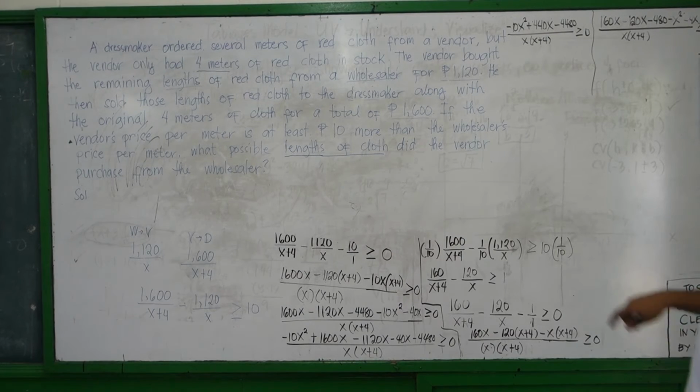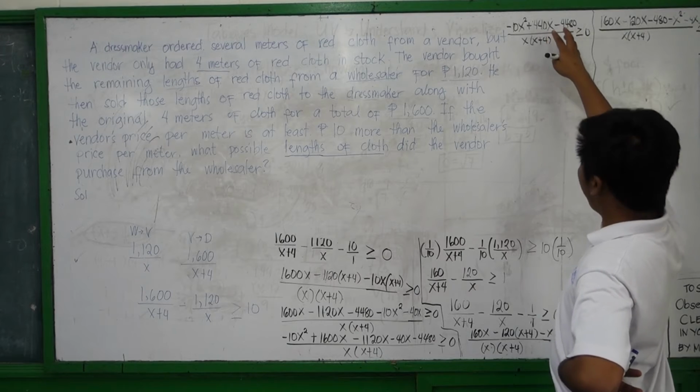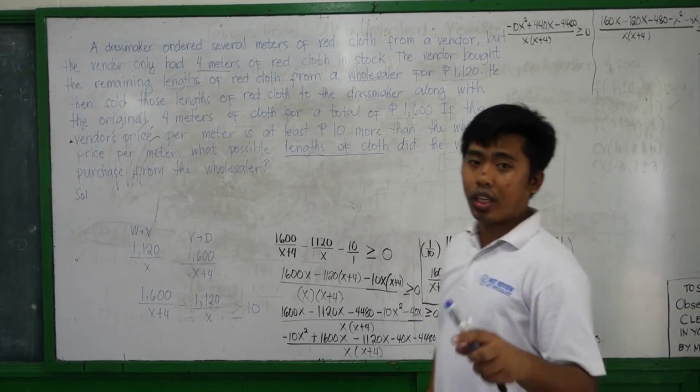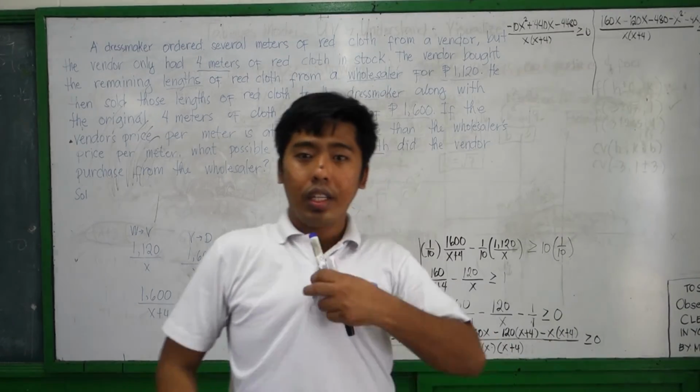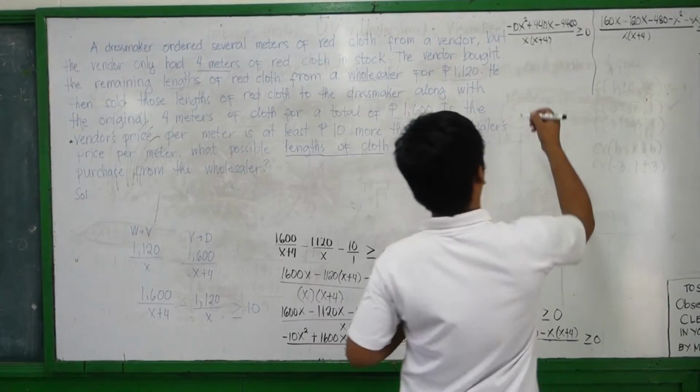Here, if you notice, the 10, the 440, and the 480 are all divisible by 10. So we divide each of the terms by 10.